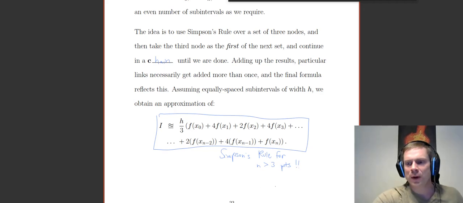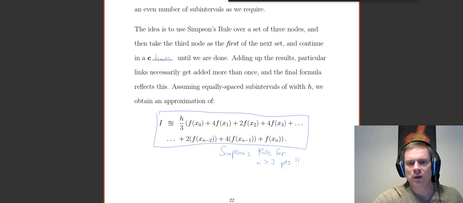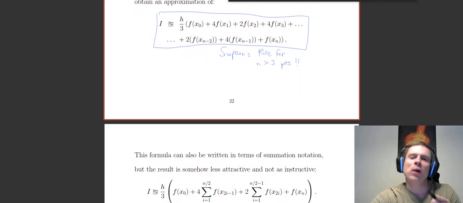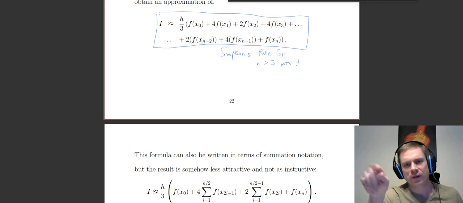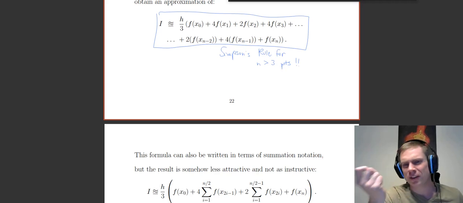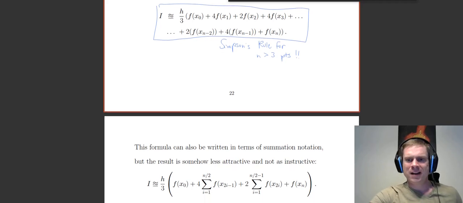We're going to apply that to a last example, but I did want to note, it's a little bit weird to write this out 1, 4, 2, 4, 2, and so on with a dot, dot, dot, you need to include a lot of terms to get the pattern down. You can write it in terms of a sum, like summation notation, like I have at the bottom of the screen right now, but I think it's a little bit awkward.